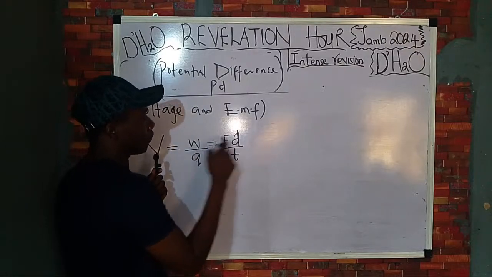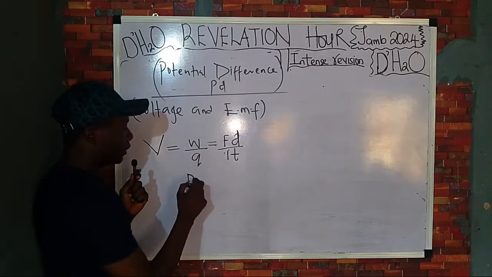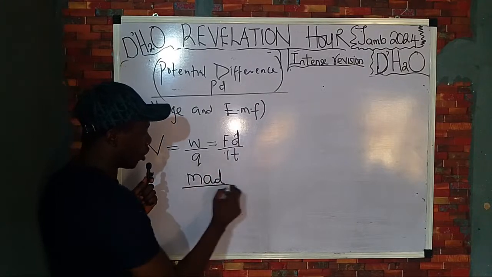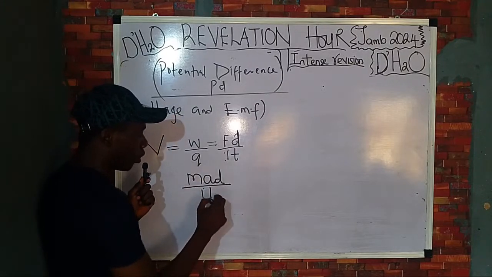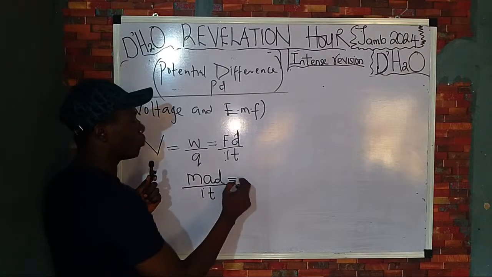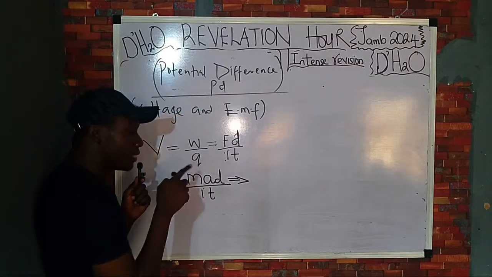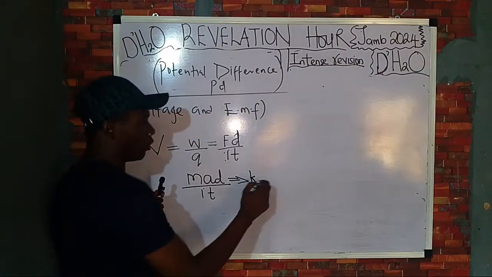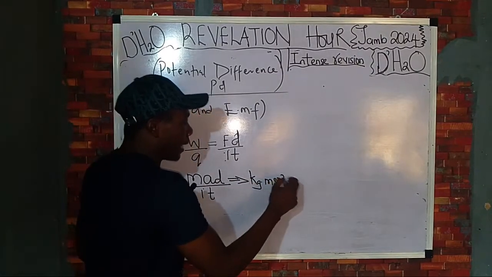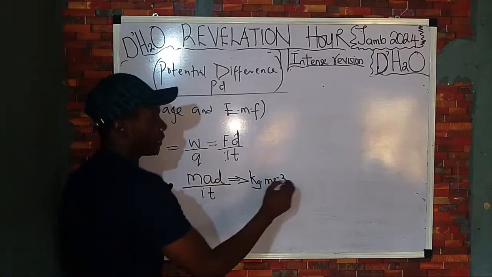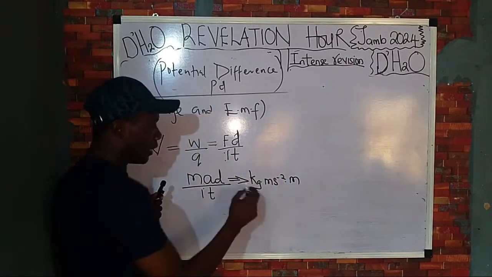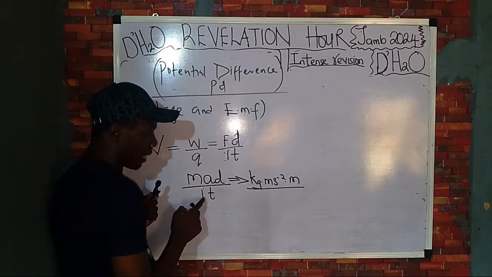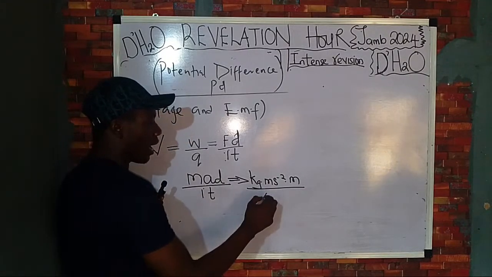Now, if I break down force, I have force is mass times acceleration, then times distance, all over current times what? Time. Let us begin to put our units. Mass is kilogram, don't forget. Acceleration is meter per second squared. Distance is what? Meter. Then remember, I means what? Current. And current is measured in what?